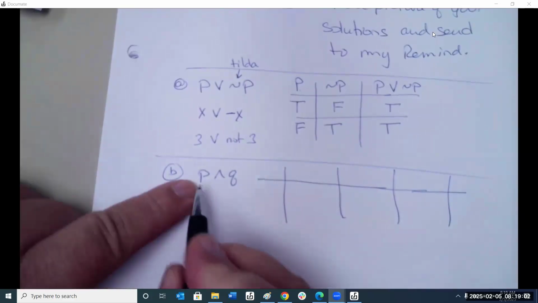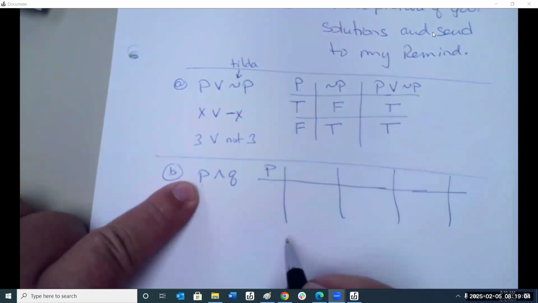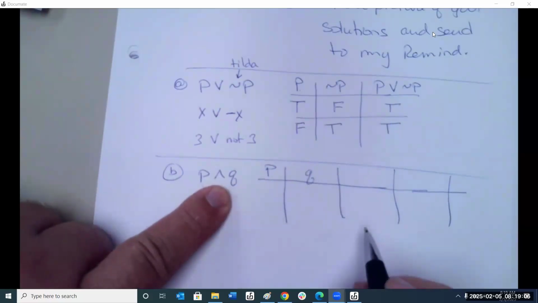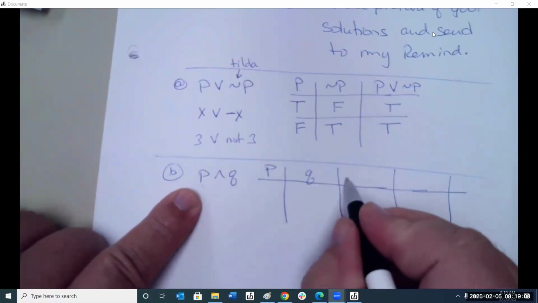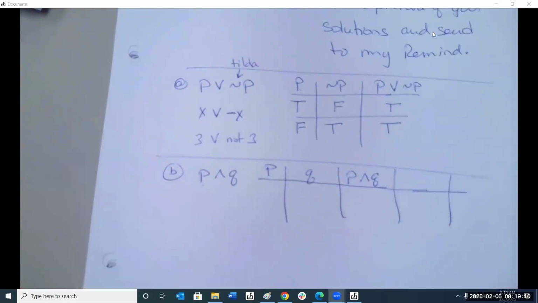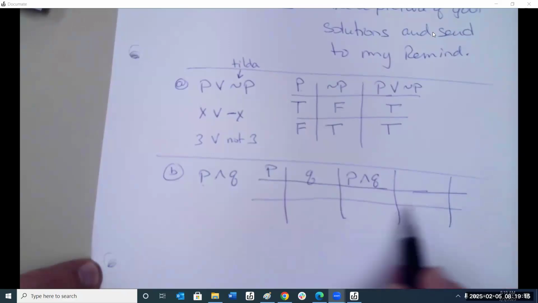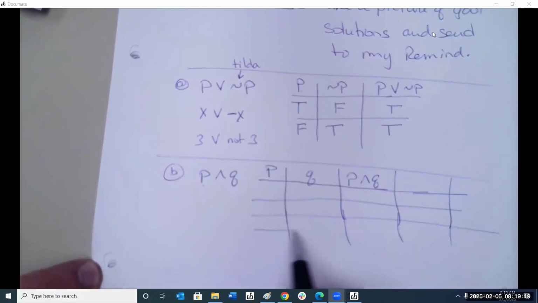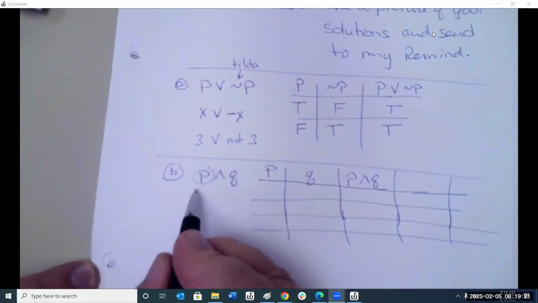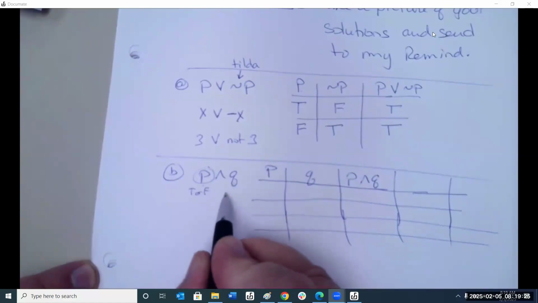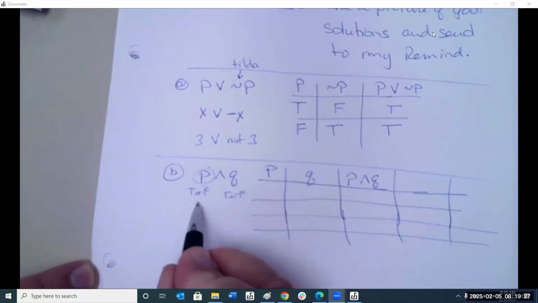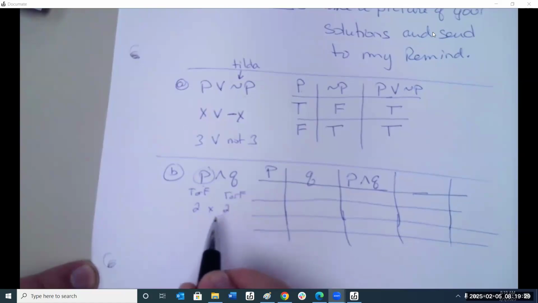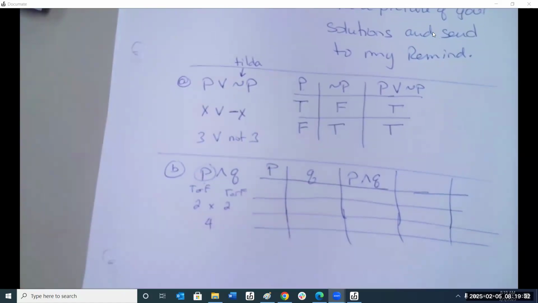Yeah, we need 1 for P, we need 1 for Q, and the statement, P and Q. How many rows? 4. Because P can have true or false, Q can have true or false. So there's 2 of those and 2 of those, so there's 4 possibilities.